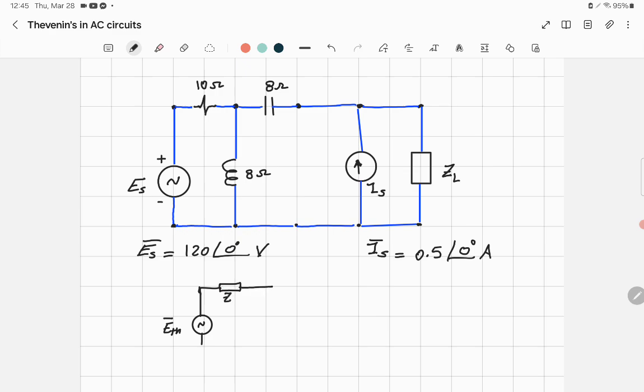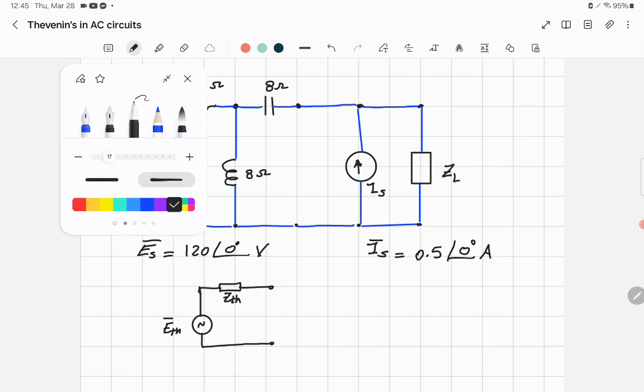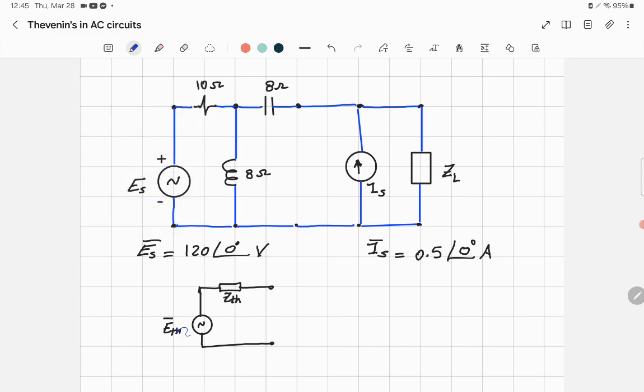That would be Z Thevenin. In DC, if you remember, it was just resistance. So that will be the equivalent. You can put it in the box here. That's the equivalent of the Thevenin network that we try to find out.